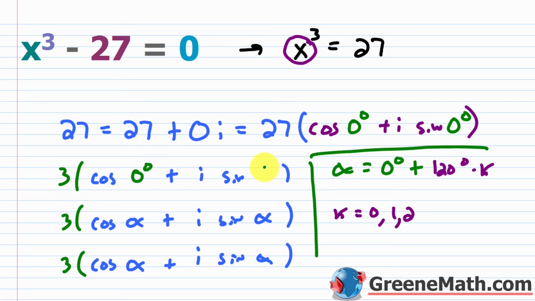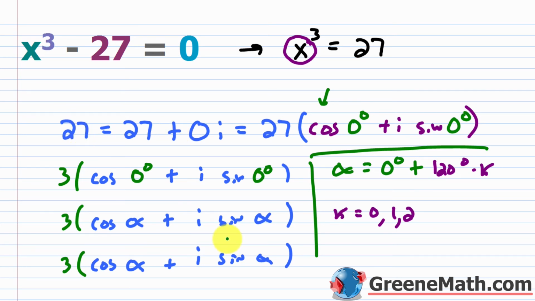So I can put that in here, and that should make sense. If I cubed this, 3 cubed would be 27, and then you would basically have 3 times 0 degrees, which is still 0 degrees, and 3 times 0 degrees, which is still 0 degrees. So in polar form, I would be right back to this here. 27 times the quantity, cosine of 0 degrees, plus I times the sine of 0 degrees, which again in rectangular form is this, and written just as a real number is this, okay?